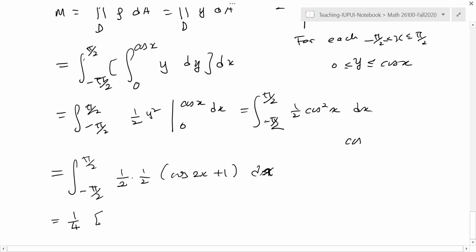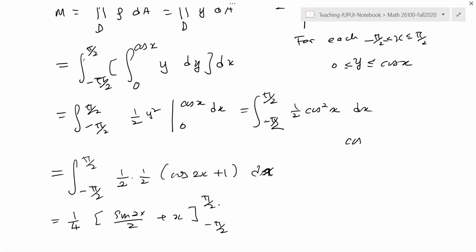The antiderivative of cosine 2x will be sine 2x divided by 2, and this just x. When you plug π/2 for x, you get sine π, which is 0. So the first term is gone. The second term, π/2 minus negative π/2, is just π. So it's π/4.